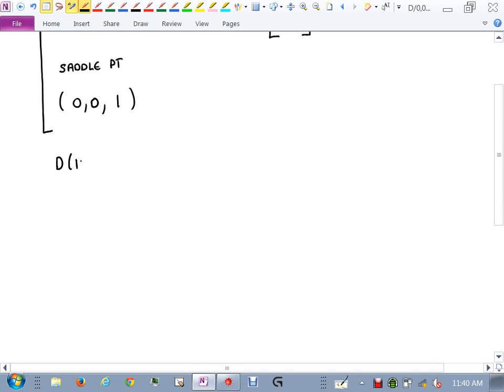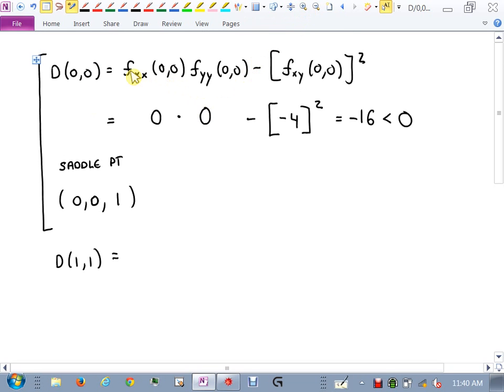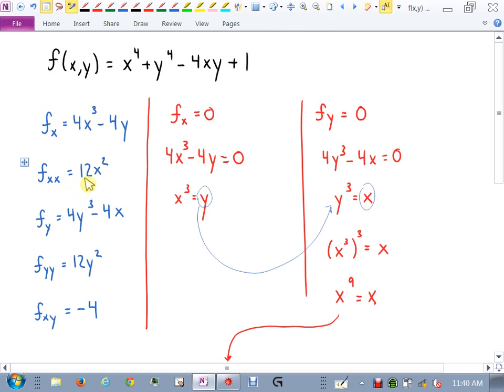D of 1, 1. Now I'm not going to write out this part of it again, okay? I'm just going to go straight to the numbers. So what happens when I plug in 1 into fxx? 12. And into fyy? 12.